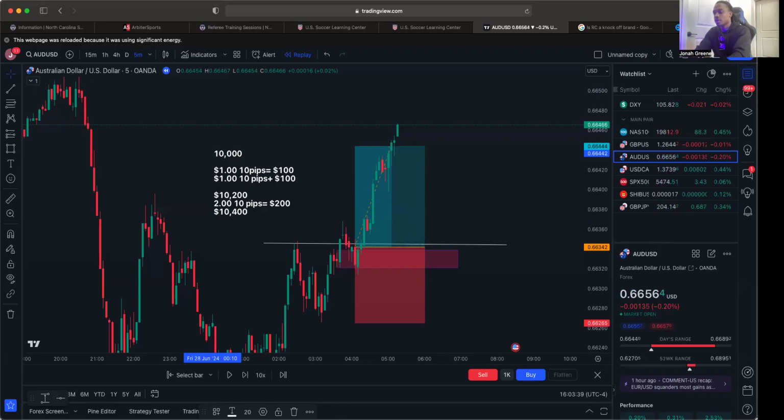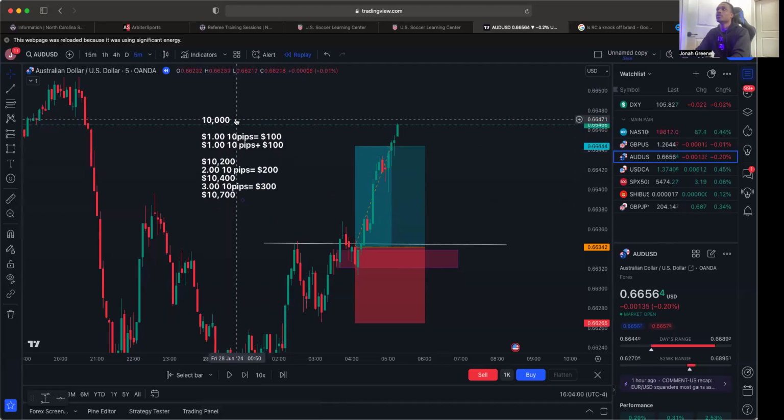Now I'm going to risk a 3.00, right? 10 pips will now equal $300. So now your account is at 10,700. So let's just say you use this as your personal account or even prop firm account.